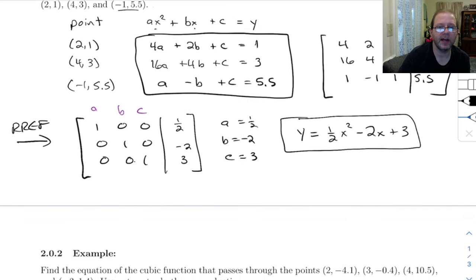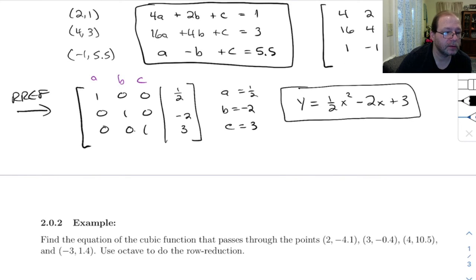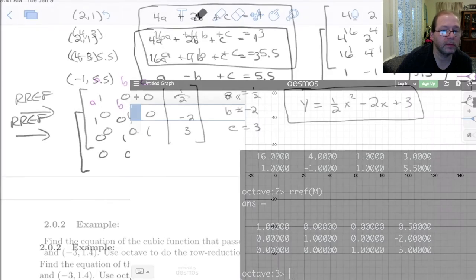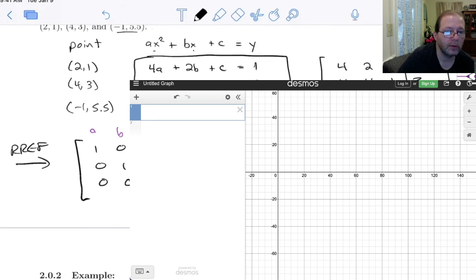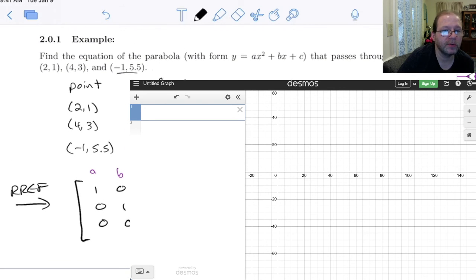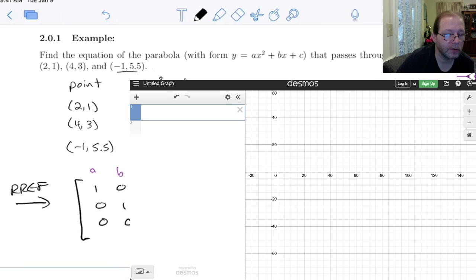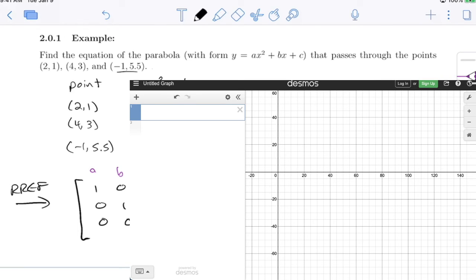Now let's test that. So originally the points we were supposed to have on this were the points 2, 1, 4, 3, and negative 1, 5.5.